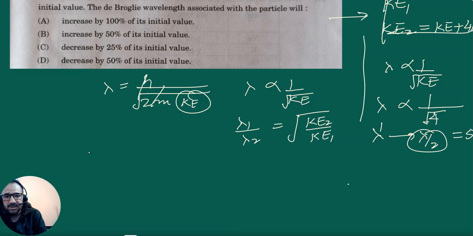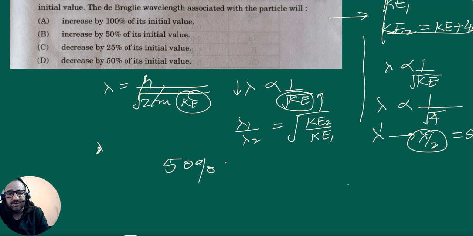If you want to calculate the percentage, here they have calculated already: 50% increase or decrease, that thing I want to calculate. As lambda is inversely proportional to root of kinetic energy, if kinetic energy increases, it means wavelength decreases. 50% we already know, it means it is decreasing by 50%. Remember this thing. Okay, let's come to the next question.